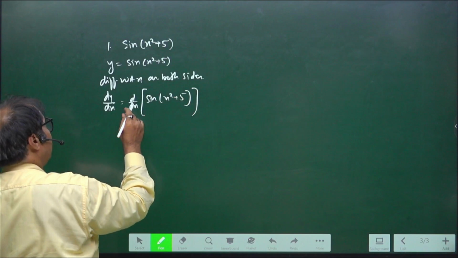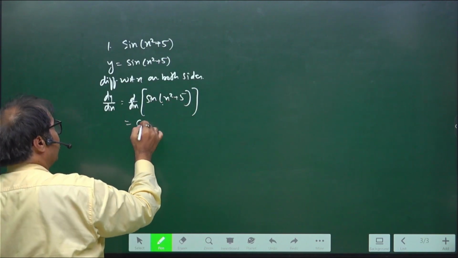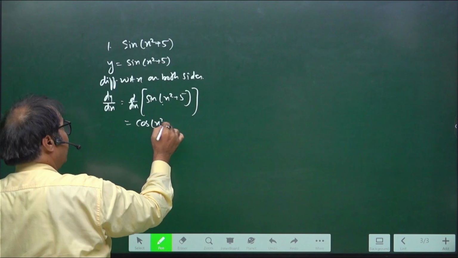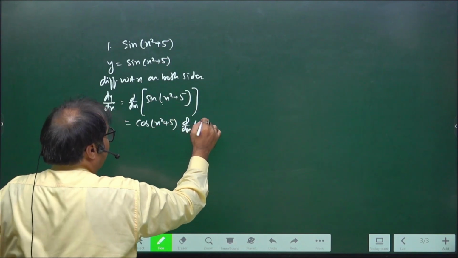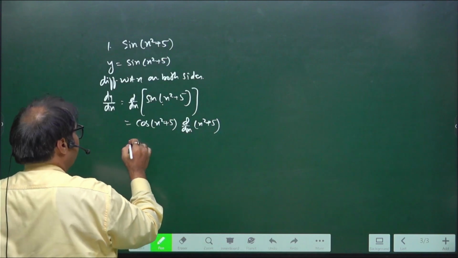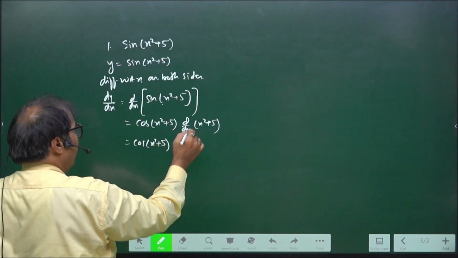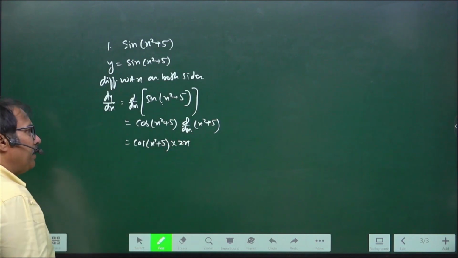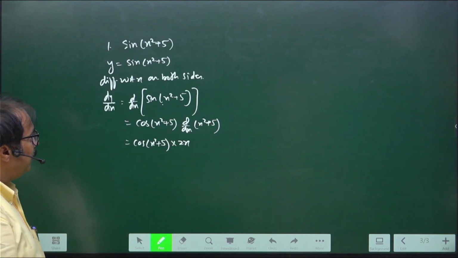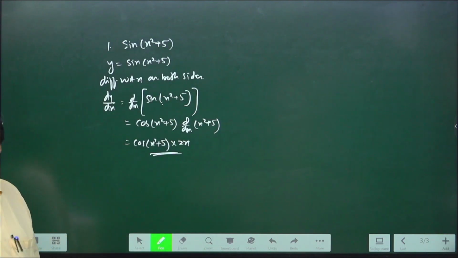The derivative of sin theta is cos theta, where theta is x squared plus 5, and then d by dx of x squared plus 5. So this is cos(x squared plus 5), and the derivative of x squared is 2x, and the plus 5 is a constant, so its derivative will be 0. This is the answer of this question, right?